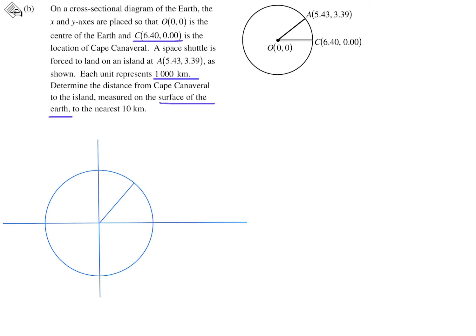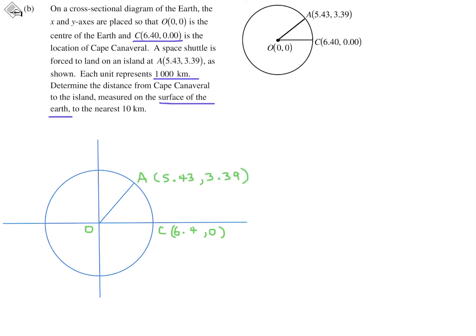We've got 0 here at the center. Right here is C, 6.4 and 0, and this point is A, which they've given us at 5.43 and 3.39.